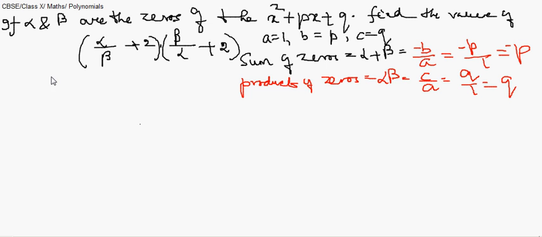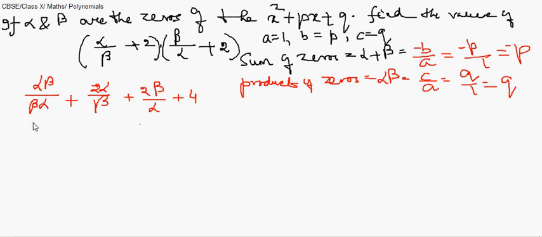So alpha by beta and beta by alpha, that is alpha beta by beta alpha, plus 2 alpha by beta, again 2 beta by alpha, plus 4.